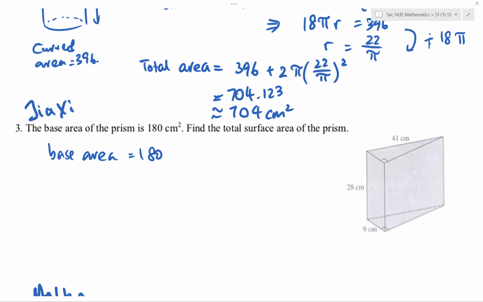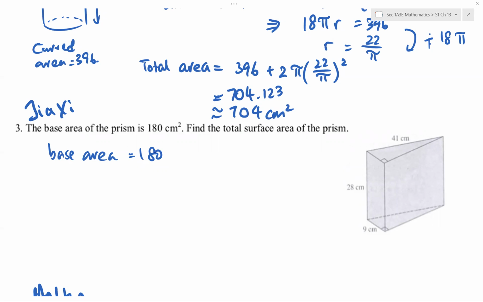What do you do with the 180? Divide by 9, why? Length of what? Square or rectangle? Which one?